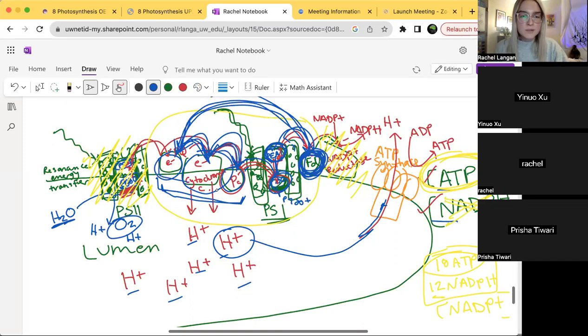And these proteins here are the ones that use that electron energy to pump in hydrogen. And when they pump in hydrogen, that creates the gradient that powers ATP synthase. Okay, got it. Thank you.